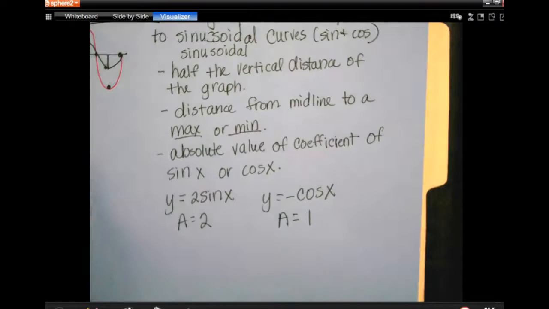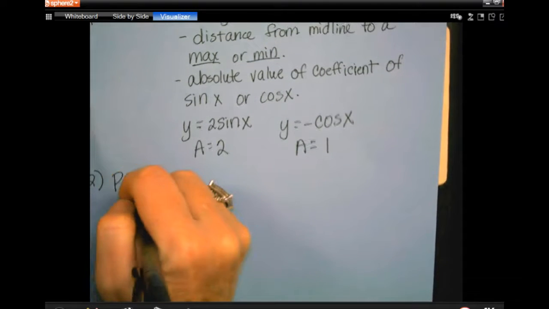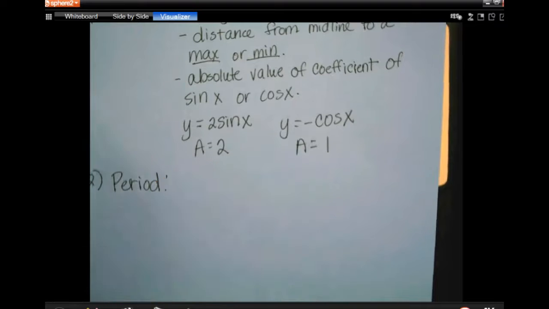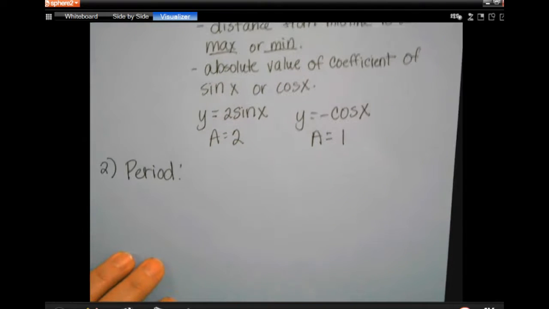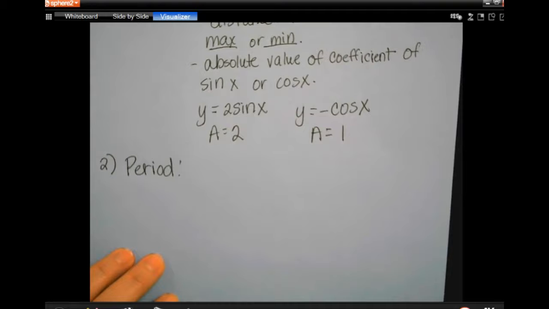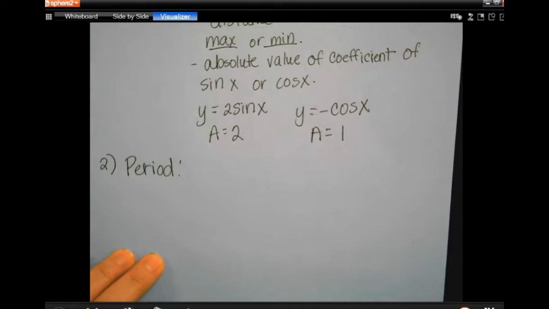Number 2 is the period. So I'm going to give you the formula that you're going to use all the time. I'm going to give you that first, and then I'm going to do some definitions for you. But this is the most important thing for period.